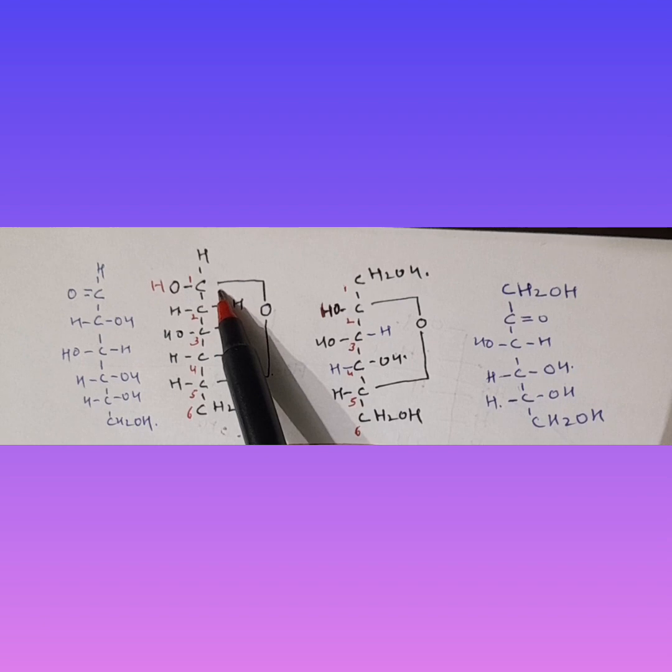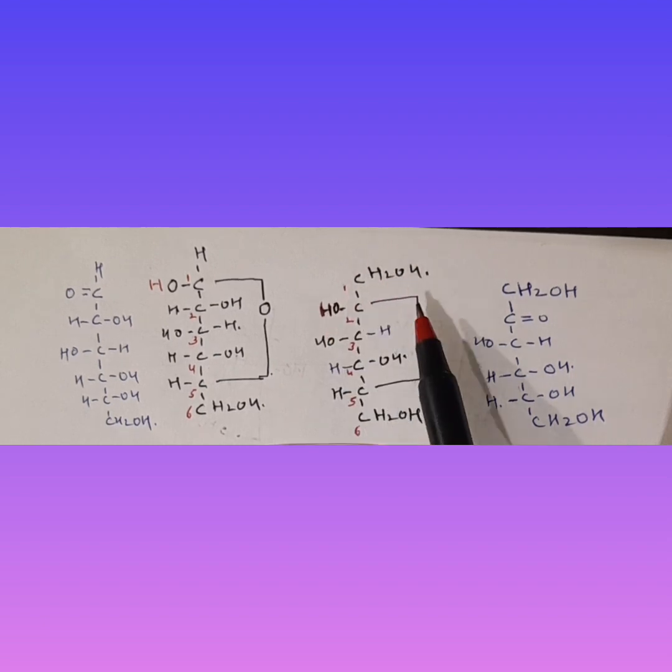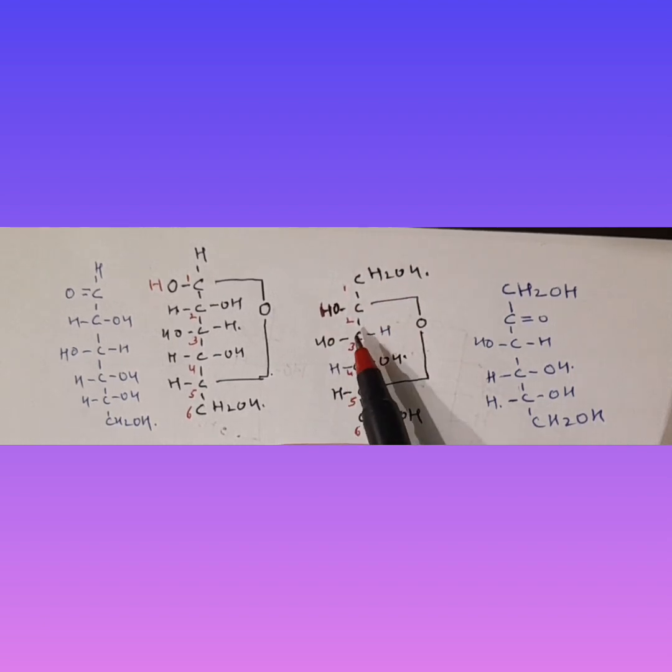So here it was sp2 and here it is sp3. The same story goes here also. In this case it was sp2 hybridization with 3 groups attached, whereas here it is sp3, with 4 groups attached to the central carbon. So that's yet another difference.